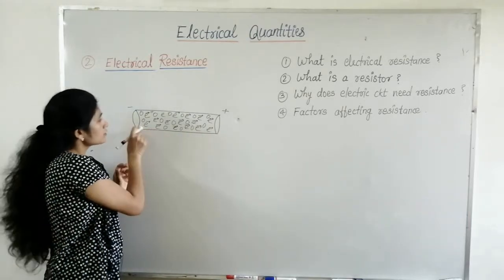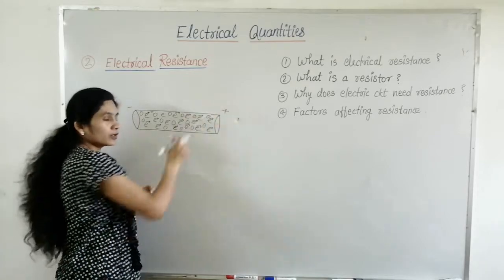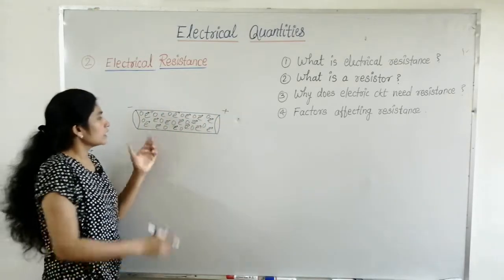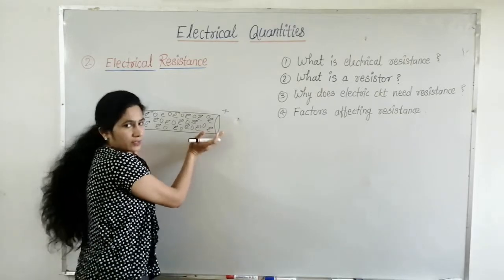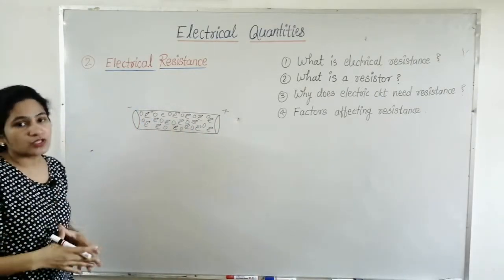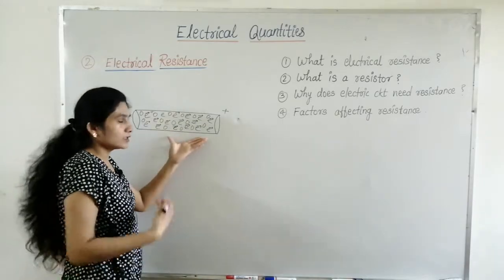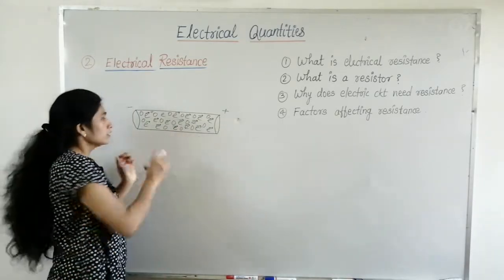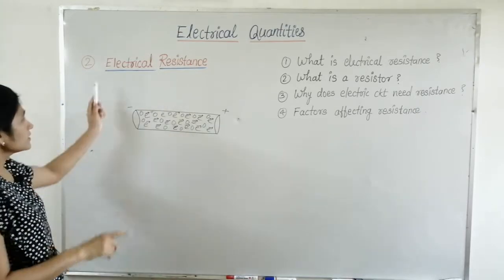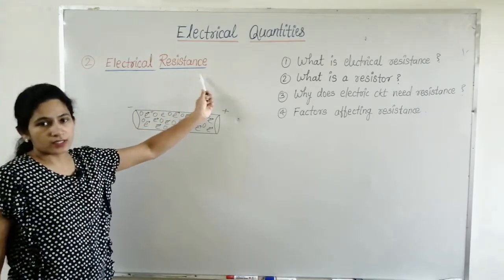See, these electrons when moving from one terminal to another collide with atoms, because we know that a conductor also consists of atoms. This collision with the atoms gives rise to opposition to the flow of electrons and therefore to the electric current. This opposition to the electric current through a conductor is called electrical resistance.